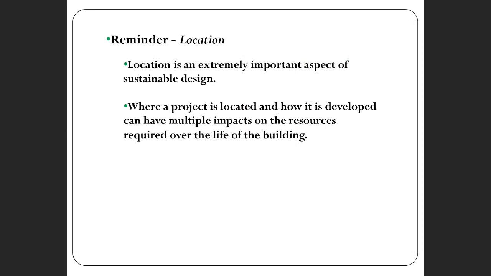Okay, just a reminder, when we talked about location and transportation, or LT, the first credit category, we said location, where you choose to build the building or do the project, is extremely important, right? That sets the stage for everything else.